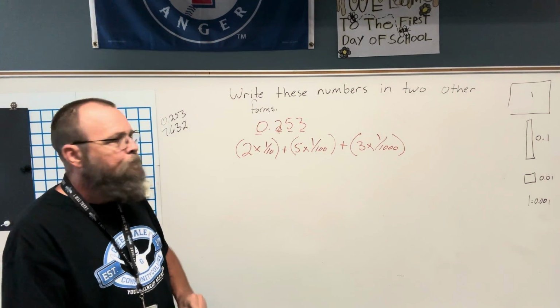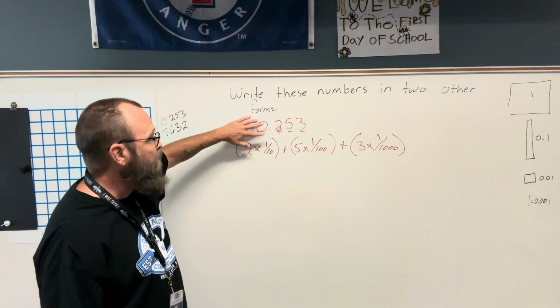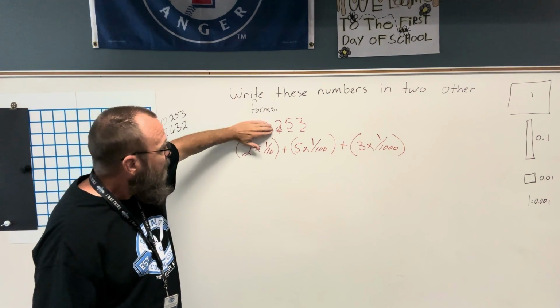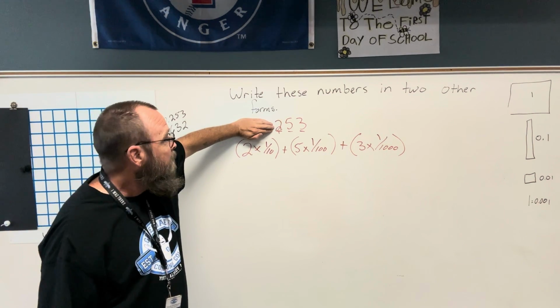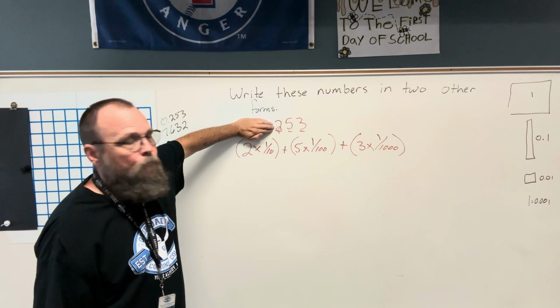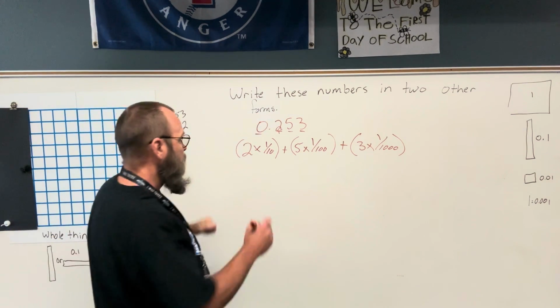Writing the numbers in word form. We start in front of the decimal point. We don't have anything there. I read the number just like it's written behind the decimal point. It says 253. So I write 253.